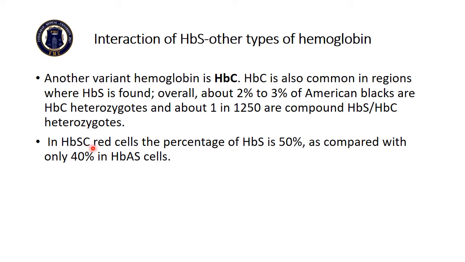In red cells containing hemoglobin SC, the percentage of hemoglobin S is 50%, which is 10% more than we see in traits.